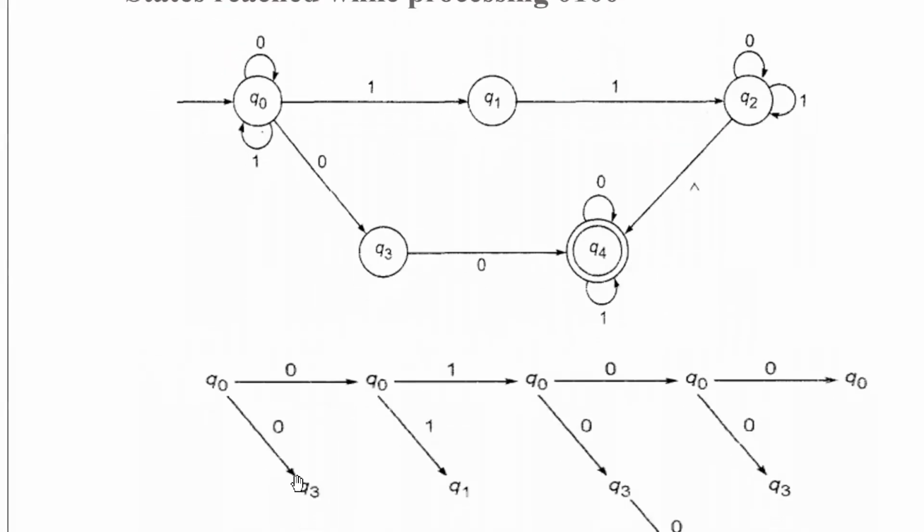From Q3, if you give 1, there are no next states, so nothing is written here. But from Q0, if you give 1, you will reach Q0 also, and Q1 also. There are two chances: one is Q1, the other is back to Q0.